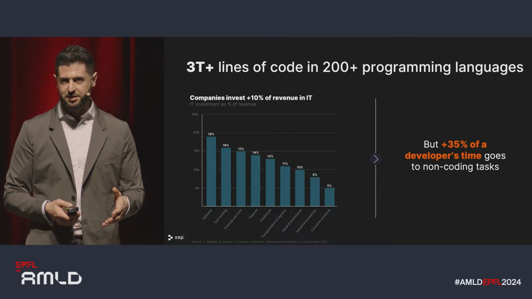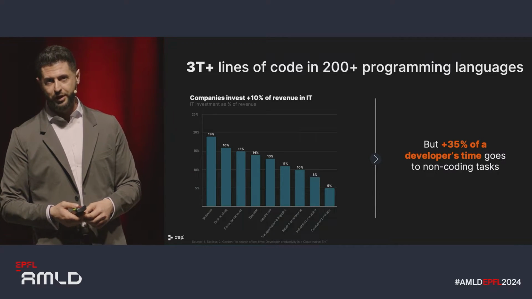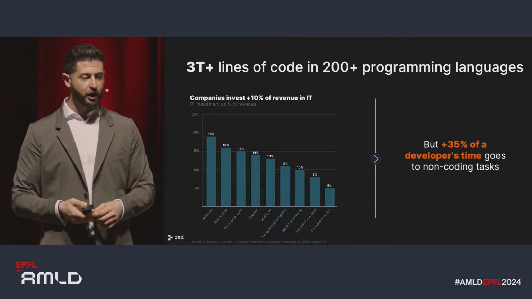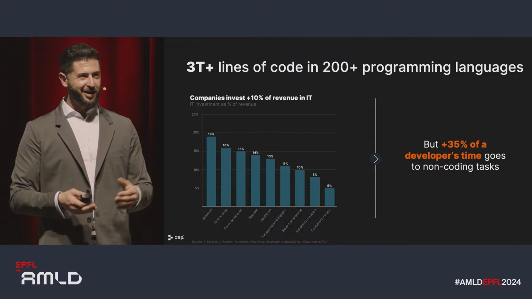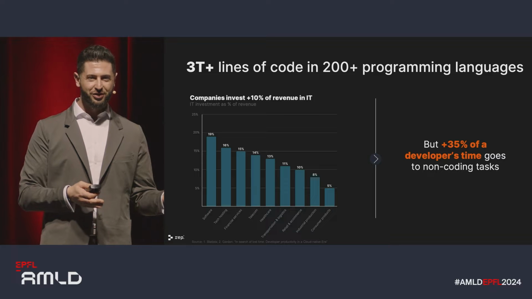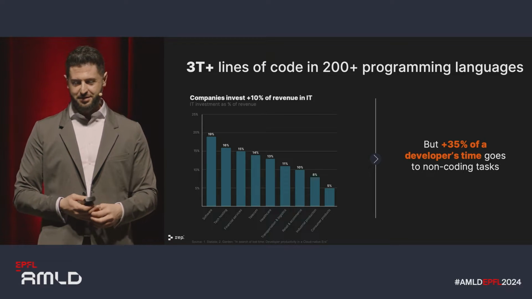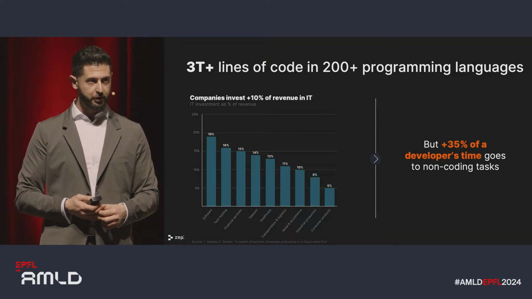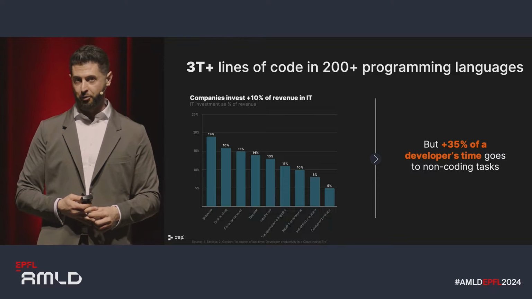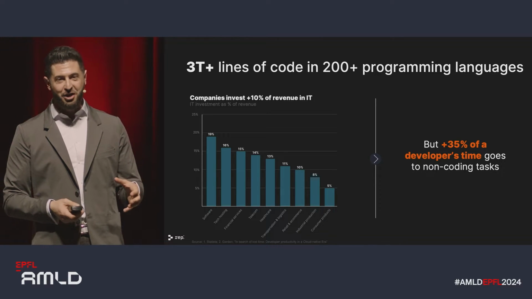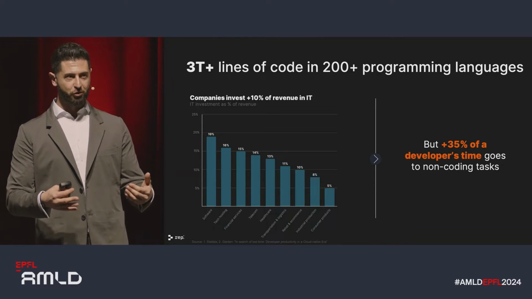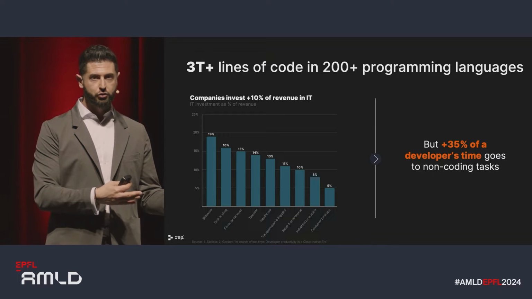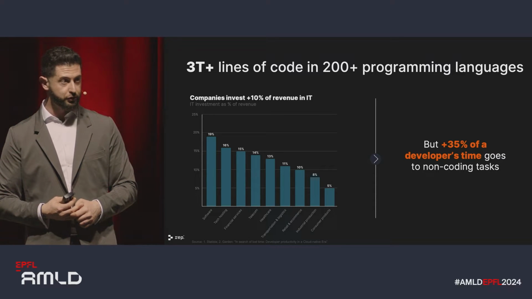As of today, we estimate that 3 trillion lines of code have been written over more than 200 programming languages. And as a matter of fact, companies reinvest more than 10% of their revenue on average on anything related to the software development lifecycle. So it's by no means a cheap endeavor. It's very complicated not only to create, but also to maintain software.